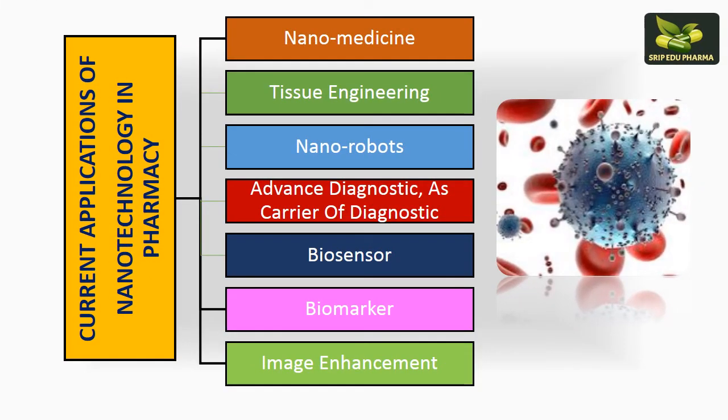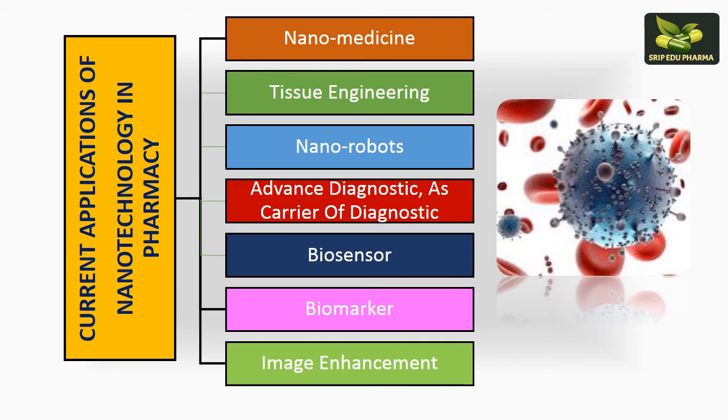Students, now comes the area where nanotechnology is playing a crucial role in medicine as well as in biopharmaceuticals and in pharmaceutical sciences. So these areas are the development of nanomedicines, tissue engineering, then the development of nanorobots, then as diagnostics and as a carrier of diagnostics, nanotechnology is being utilized to develop good diagnostic agents as well as in vivo diagnostic agents and carriers of diagnostic agents for early diagnosis of the disease.